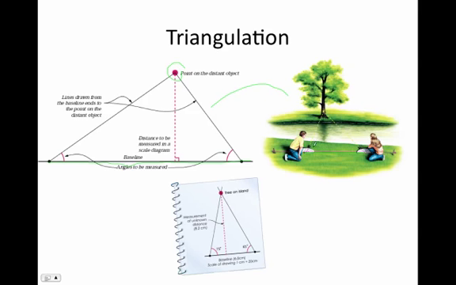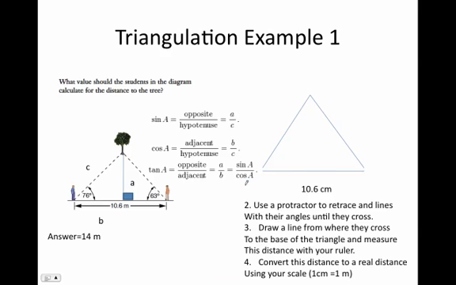And so if we have this angle, and we have this angle, and we have this baseline, then we can measure this unknown distance here. And so let's do that, and I'll show you how this technique, triangulation, works.